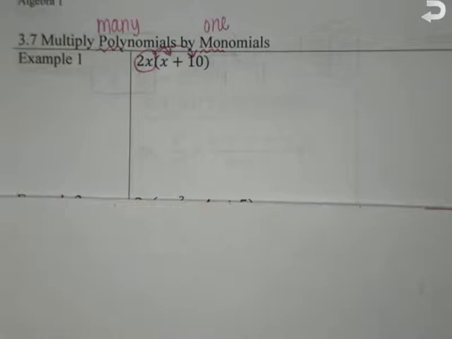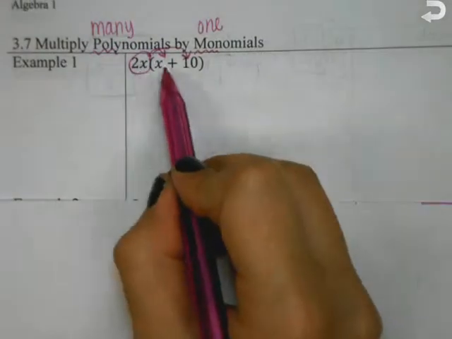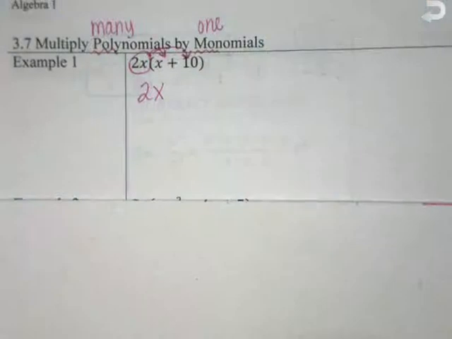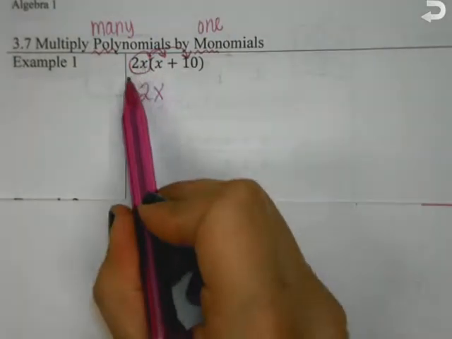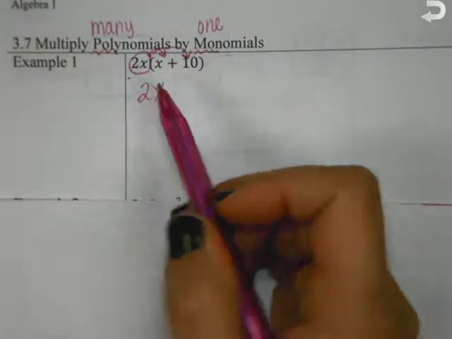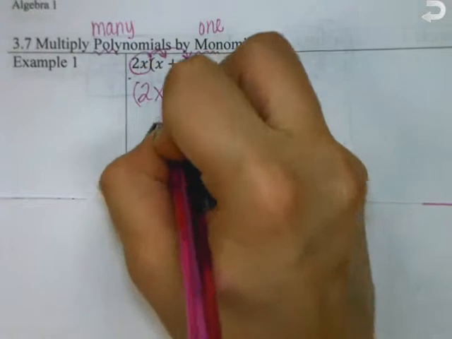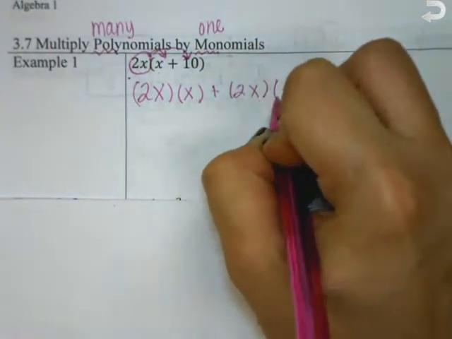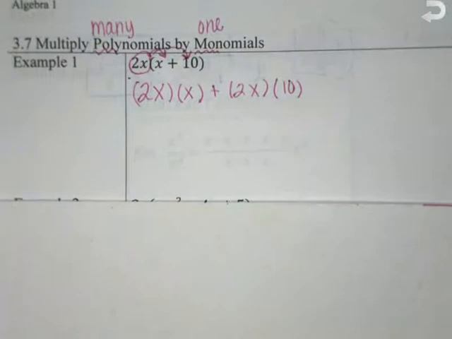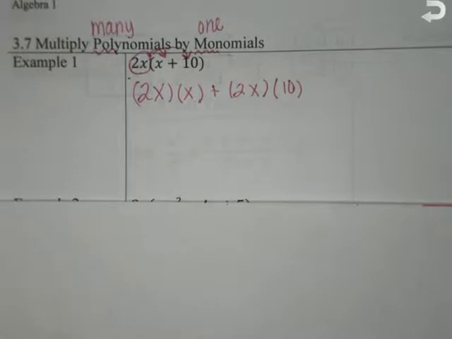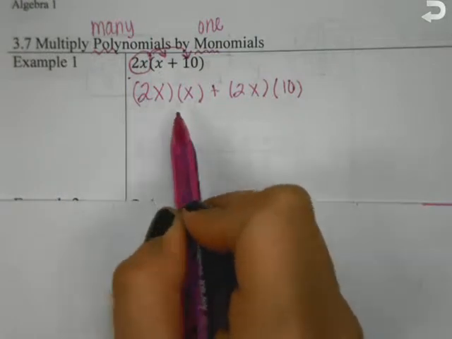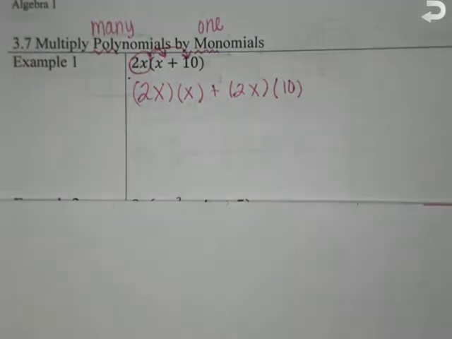So that's going to give me 2x times x. What's 2x times x? Let's actually write it all out for right now. This is 2x times x plus 2x times 10. 2x times x, what am I going to do with the exponents there?